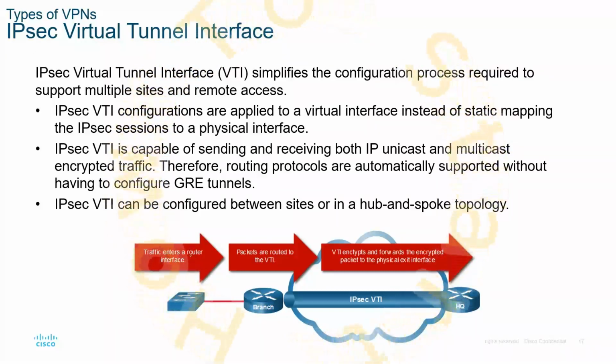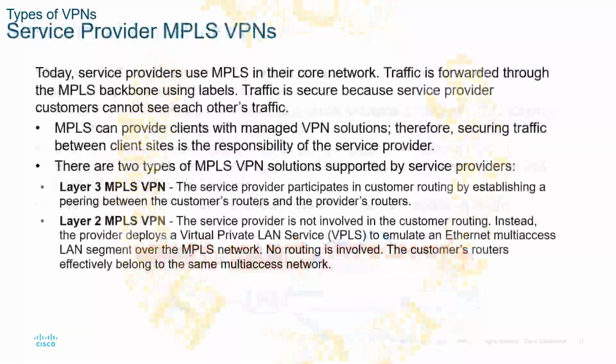Because between our source and destination routers, the IPsec tunnel will build an encrypted tunnel. And how do we gain access to that tunnel? We gain access by using the virtual tunnel interfaces on both sides. That allows us to pass traffic to and from. The IPsec VTI can be configured between sites or between a hub-and-spoke based topology.